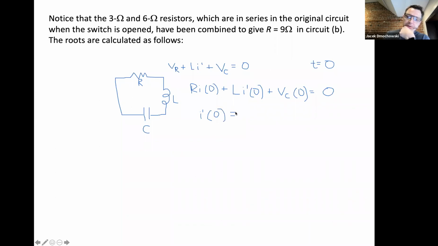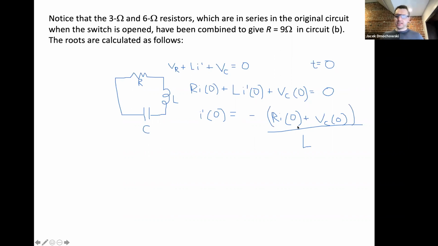is going to be equal to negative, we're just going to stick the negative sign, R I of 0 plus V C of 0 over L, basically.